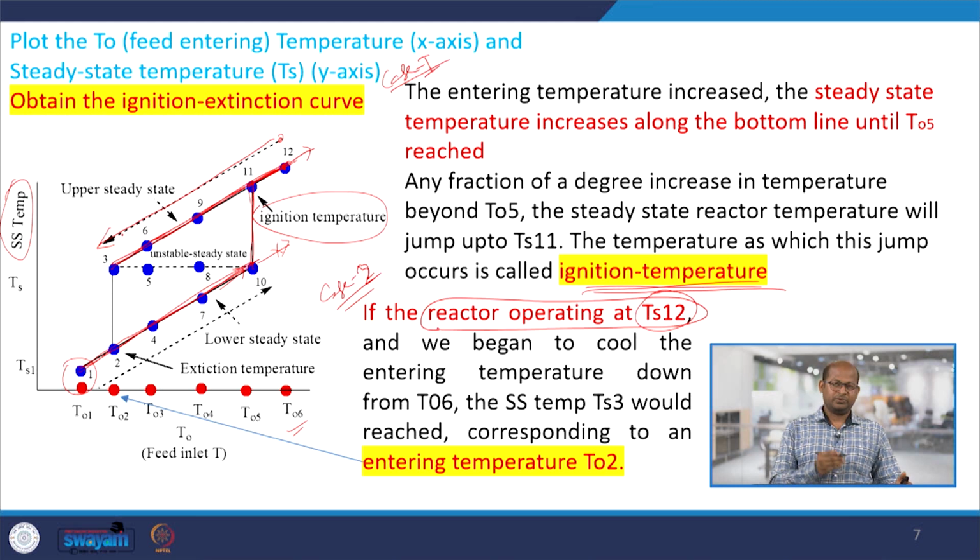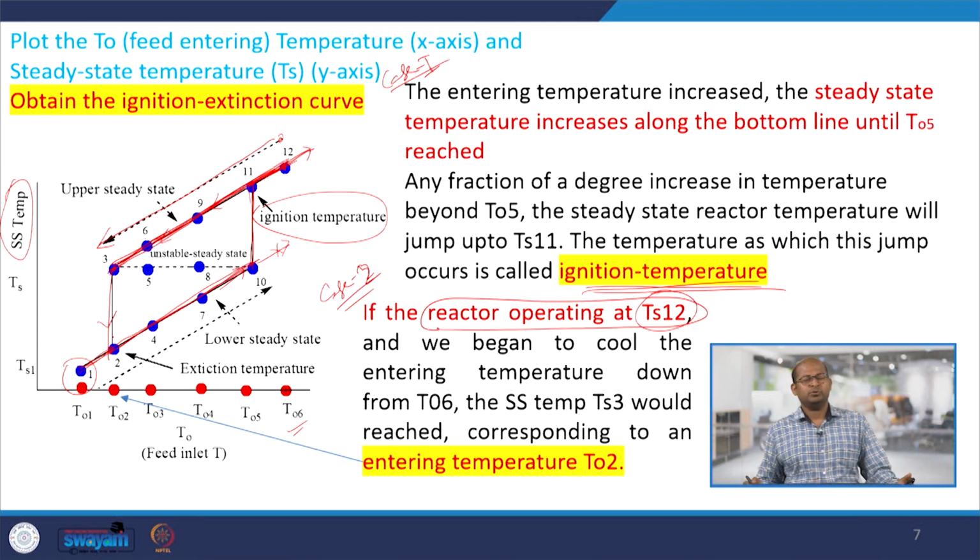As we decrease the feed inlet temperature this way, the steady state temperature drops like this, and once it reaches location 3, it decreases further and then a sudden drop occurs.